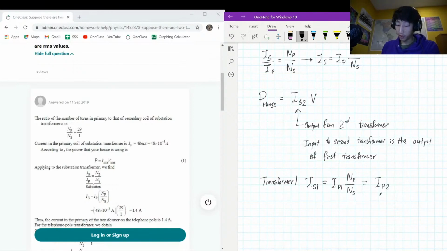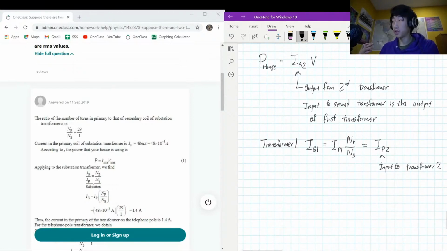Okay, so this is the input to transformer 2. And we know that the input to transformer 2 is related to the output of transformer 2. So IS2 is equal to IP2 times NP2 over NS2.